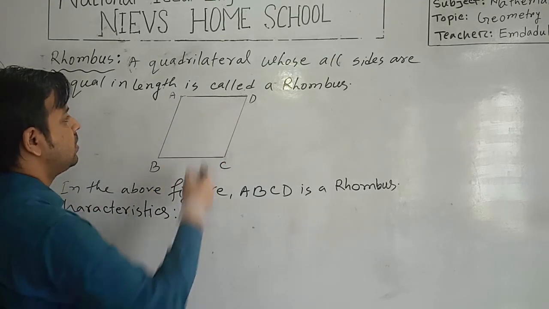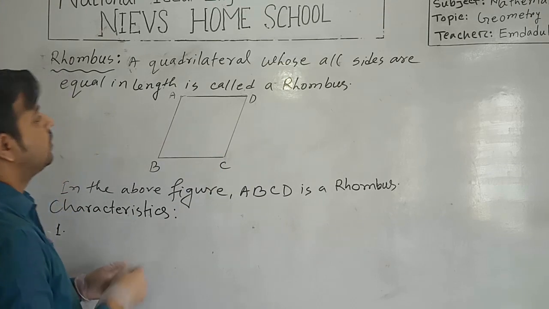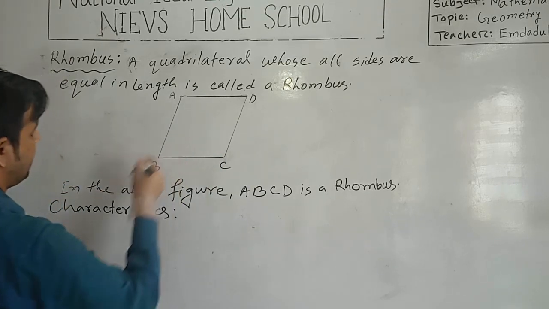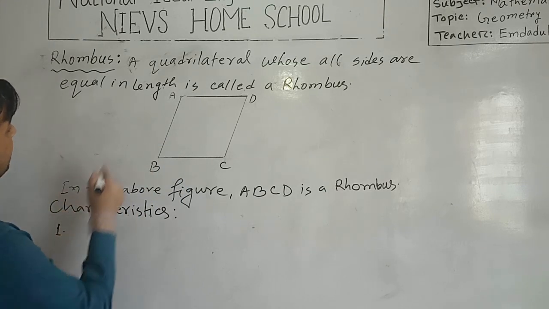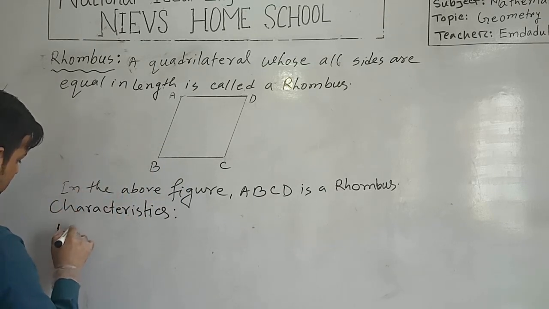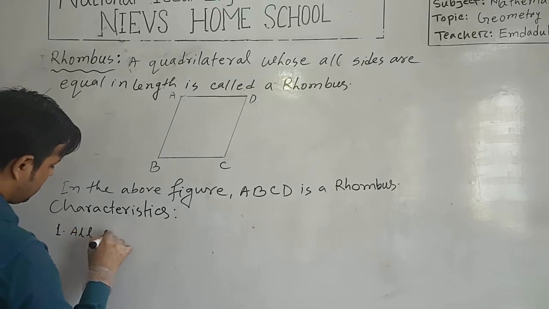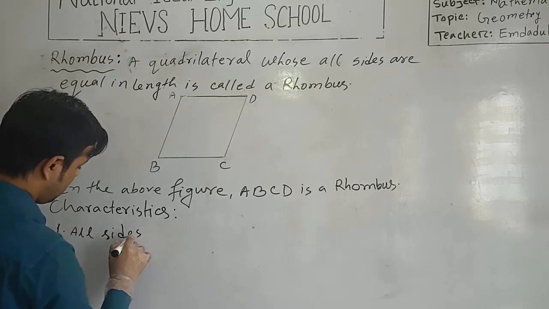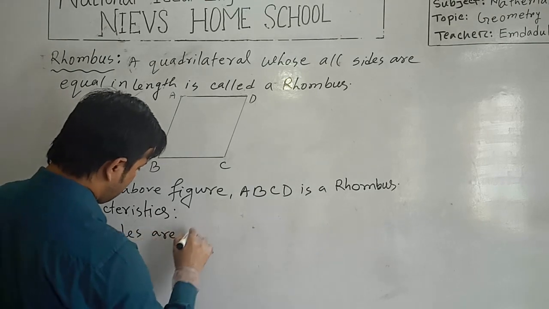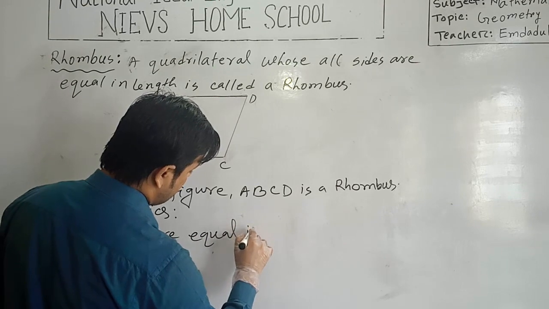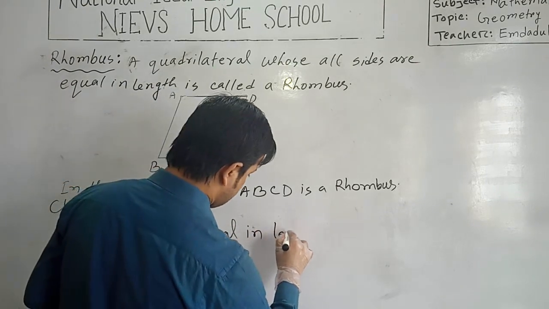All sides of this quadrilateral are equal, so we can say all sides of a rhombus are equal in length.